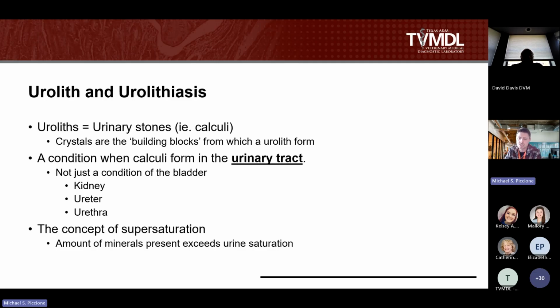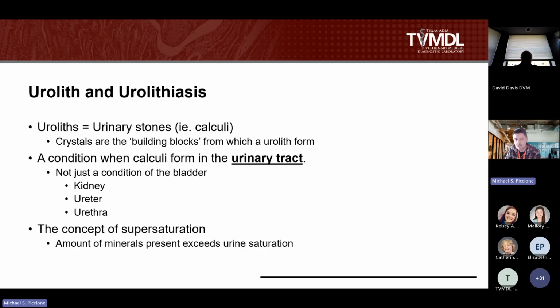Finally, I do want to mention this concept of supersaturation. It's an important one because many of the uroliths that we encounter in our patients are going to be associated with concentrated urine. Common sense says that sounds about right, but I really like to dive into the whys. What's important is that these crystals are going to form when there are more dissolved minerals than the urine itself can handle.